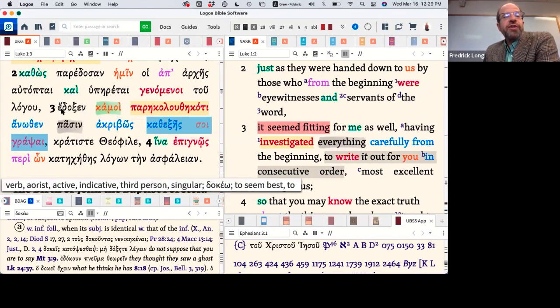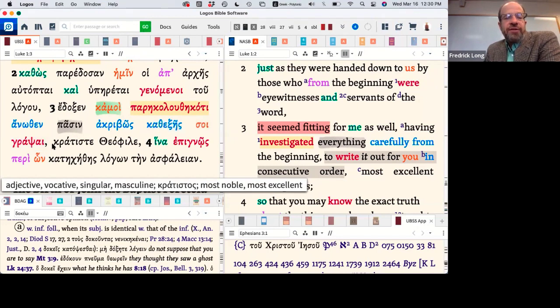So to write up carefully for you seemed good also to me. I know that sounds weird, because we can translate it into English and it makes sense: it seemed good to me to write up to you. But really, grammatically, the to write up is the subject of that verb. And it's typical in this construction. So technically, that is the subject, this part that I have highlighted right here: to write up accurately for you seemed good also to me.